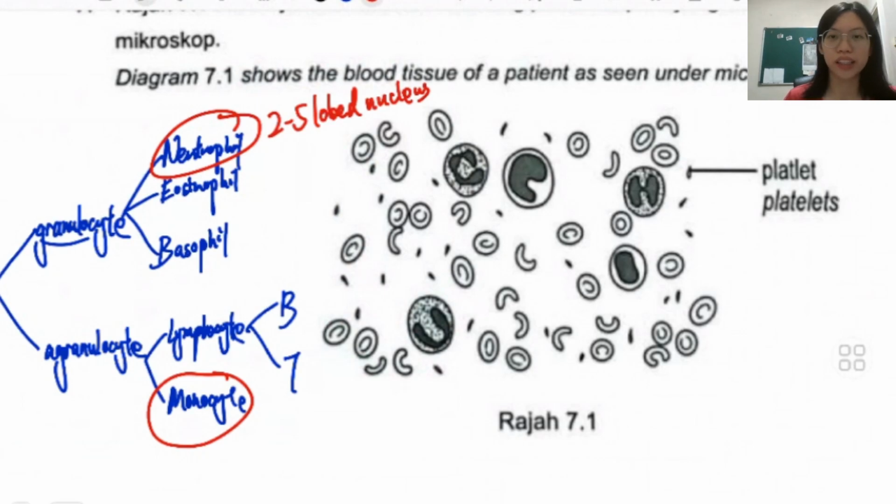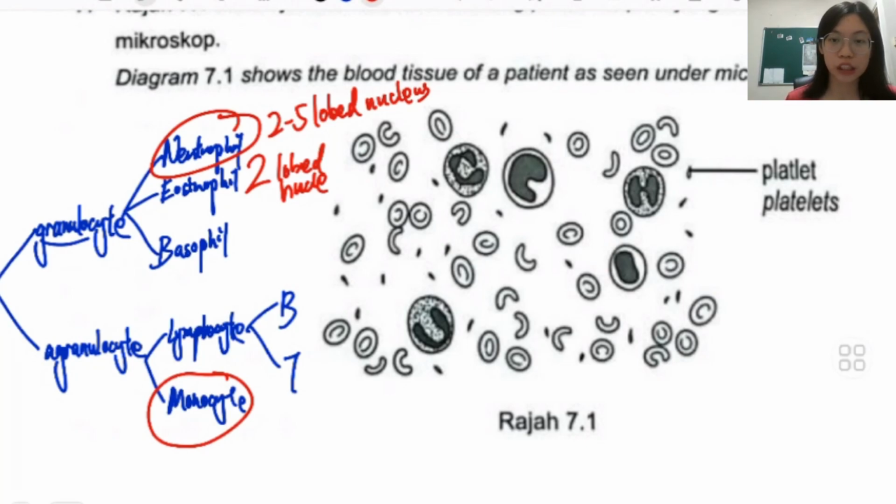That's the reason why it is a lobe nucleus, but it's considered as one nucleus only, just that it's lobe shape. And then followed by eosinophil. Eosinophil consists of 2 lobe nucleus. And lymphocyte and monocyte, both of them do not have granules in their cytoplasm.